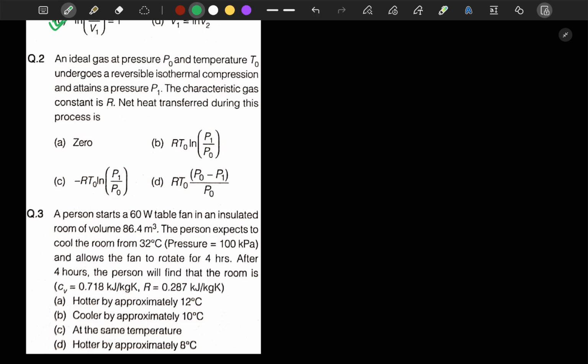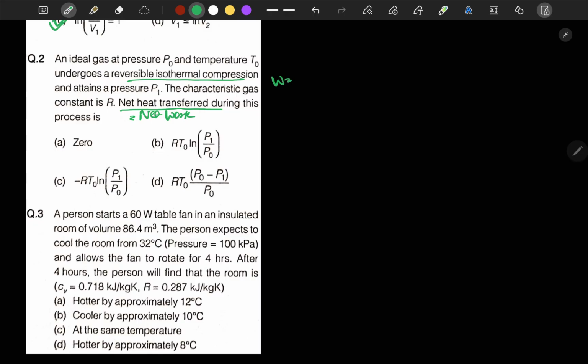Although I haven't mentioned the heat transfer during the process, we will discuss heat transfer in the next lectures. But let me tell you, since it is asked, for an isothermal process the net heat transfer is equal to net work. So you can simply calculate the net work transfer here, and you can get our answer.